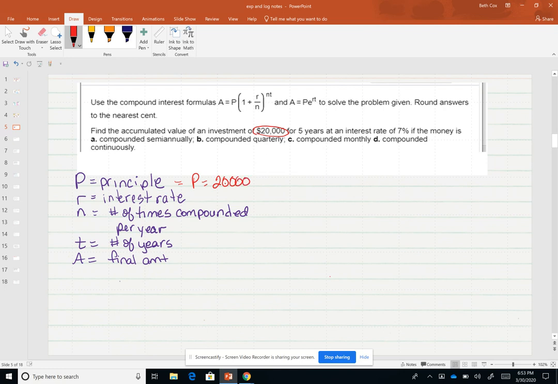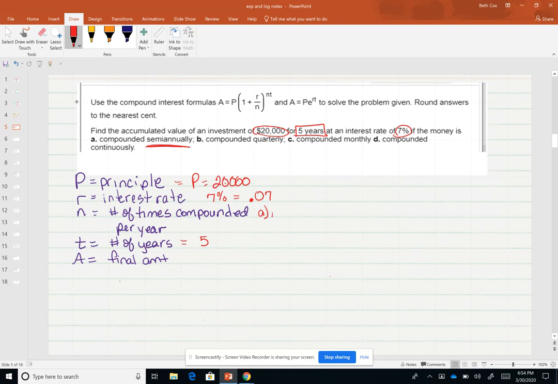We have $20,000. Now we're going to invest that for 5 years, so that's our time. T for our problem is going to be 5. Our interest rate is 7%. Now 7% needs to be turned into its decimal form, which is 0.07. And then part A says compounded semi-annually.